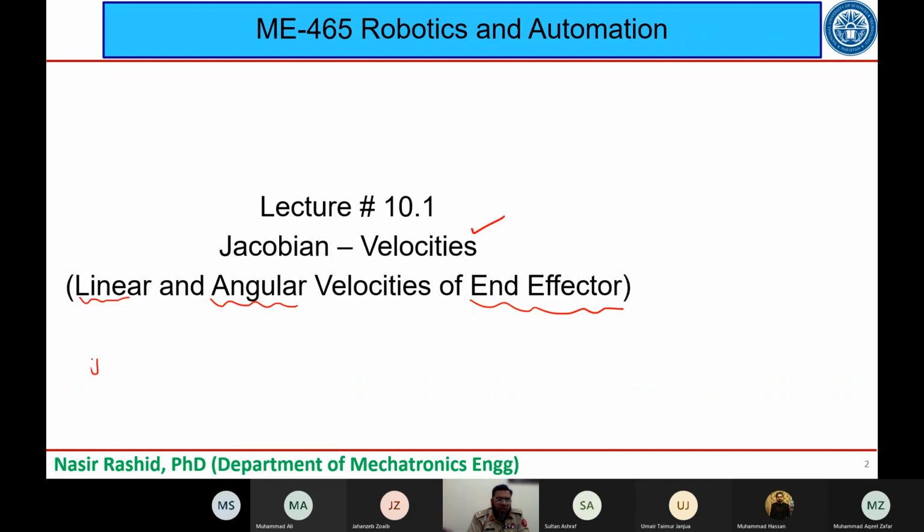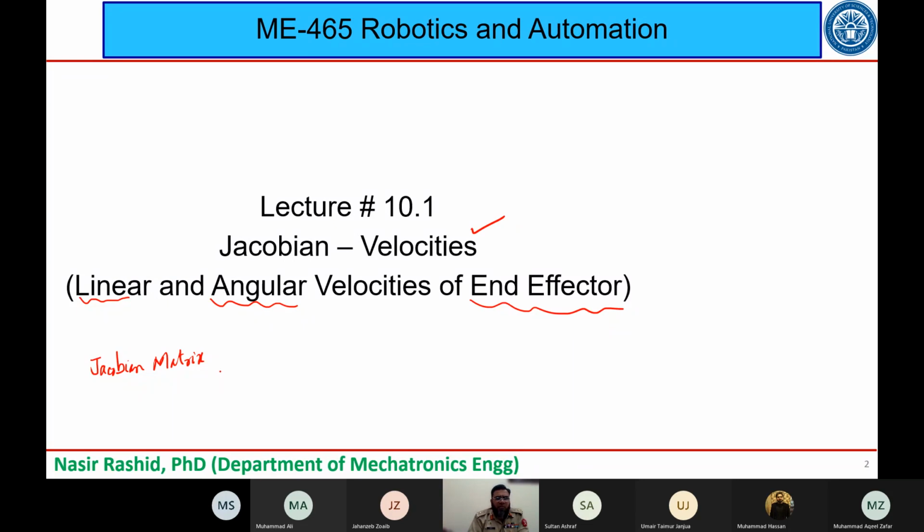If you have studied linear algebra, you must have come across the terminology Jacobian matrix, and probably you must have learned how to calculate the Jacobian matrix also.